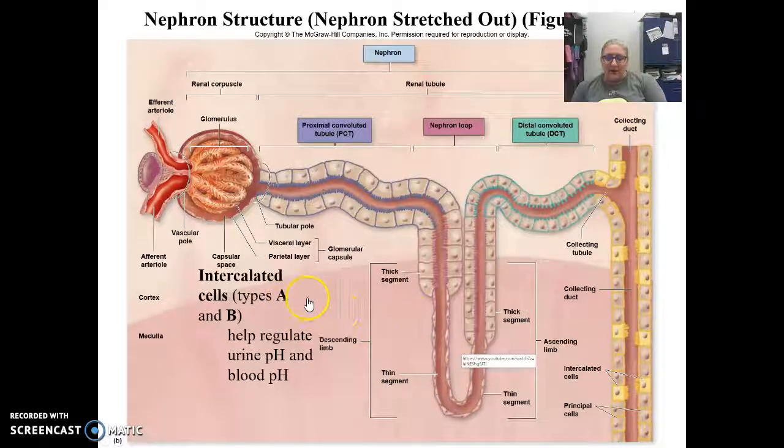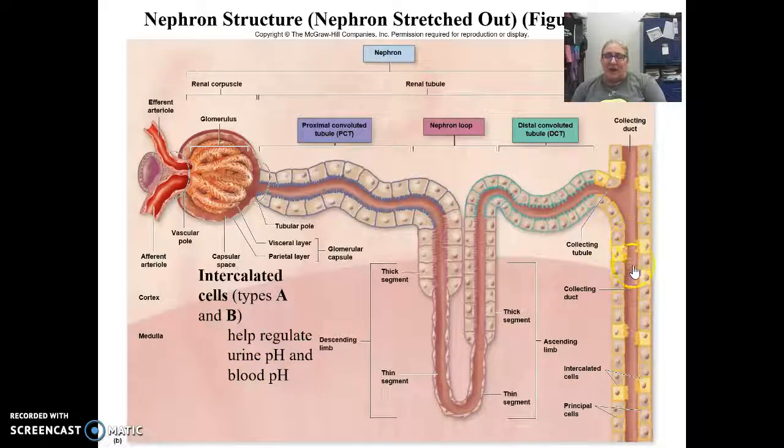We also have intercalated cells. So you can see they're fewer and far between within that collecting duct, but they're going to be important in maintaining blood pH. So they regulate blood pH.